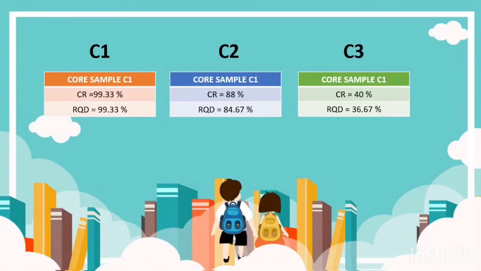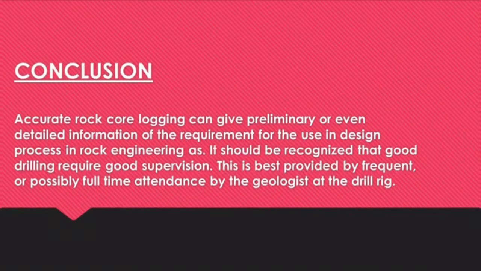For C2, it has a CR of 88% and an RQD of 84.67%. Finally, for C3, the CR is 40% and the RQD is 36.67%.